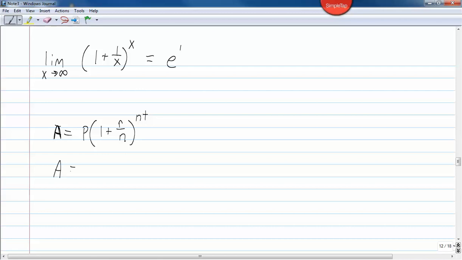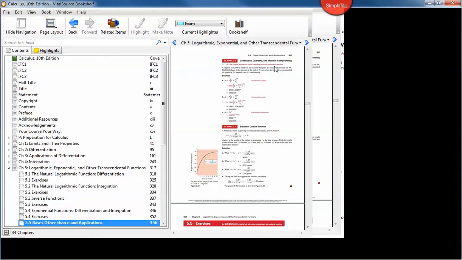The way that you compound continuously is P times e to the rt power. So there is a little bit of difference in those two different compound interest formulas. If you compound continuously or monthly, your book gives an example of that just so you can kind of see the difference. I'm not going to test you on this. It's just kind of neat to see.